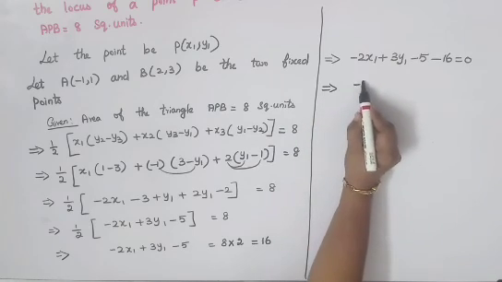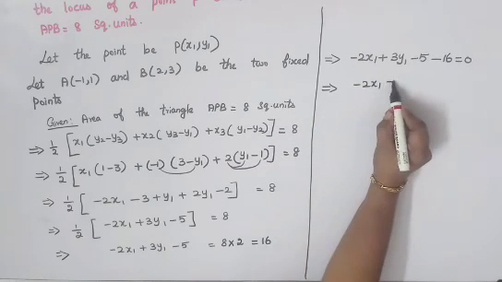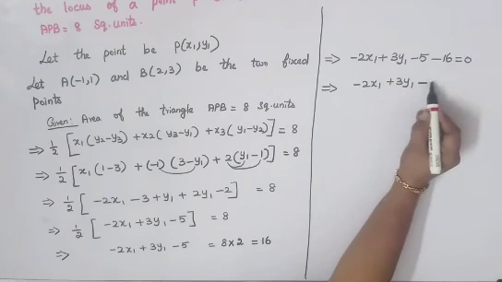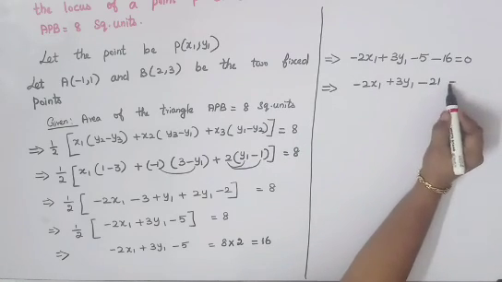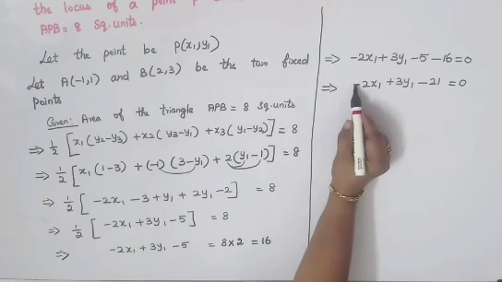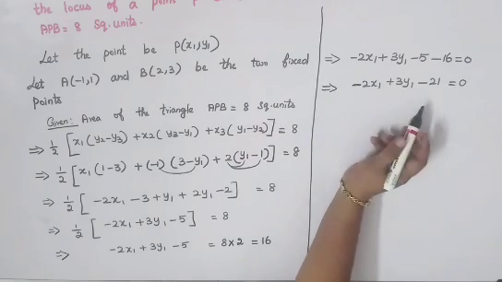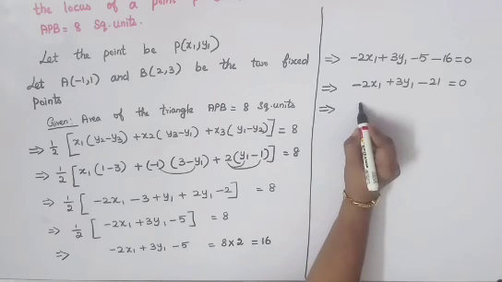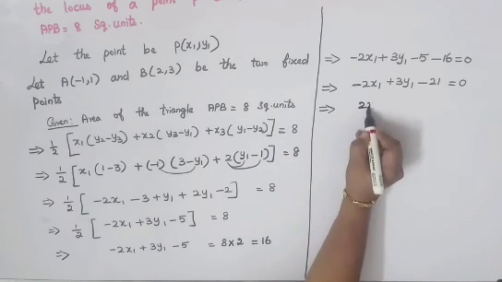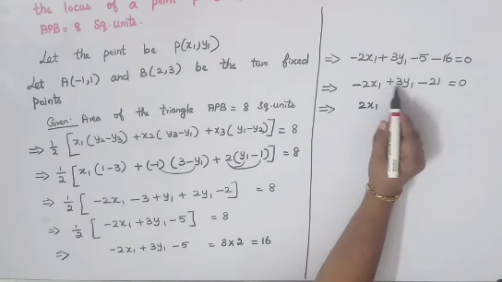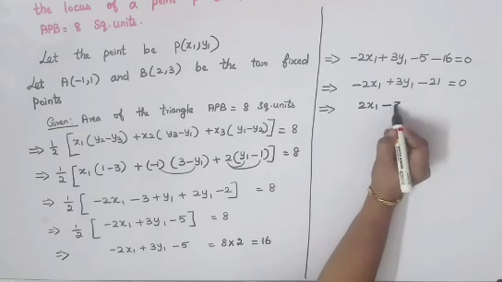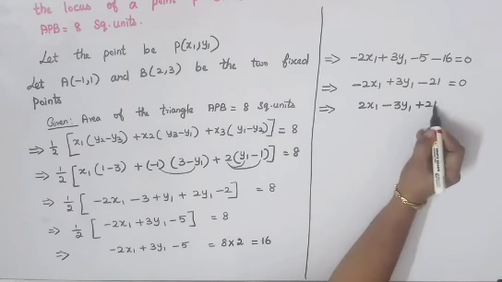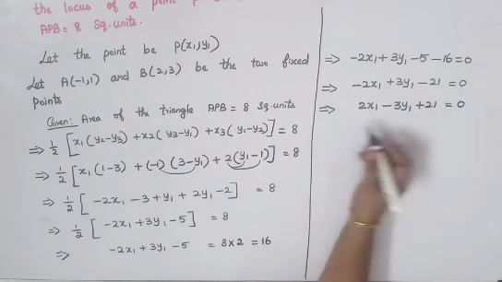That implies minus 2x1 plus 3y1 minus 5 and minus 16 will become minus 21, which is equal to 0. Since the first number cannot be negative, just change your symbols. Okay, so minus will become plus 2x1. Plus 3y1 will become minus 3y1. Minus 21 will become plus 21, which is equal to 0.